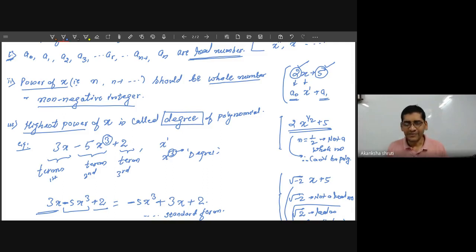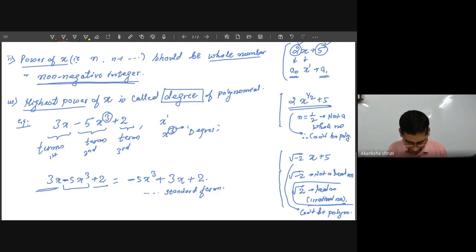They should be real numbers, or even the constant term should be a real number, and the power of the variable should be a non-negative integer, meaning it cannot be a fraction, it cannot be a negative number. All these things we will rewrite. Student, write down this.